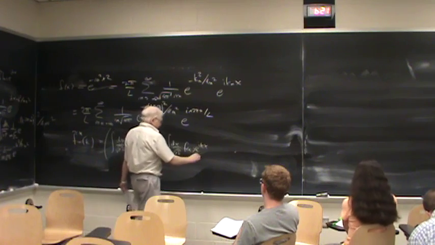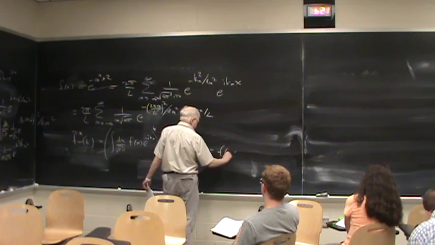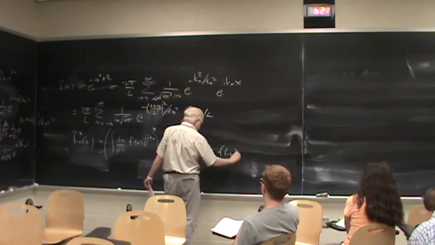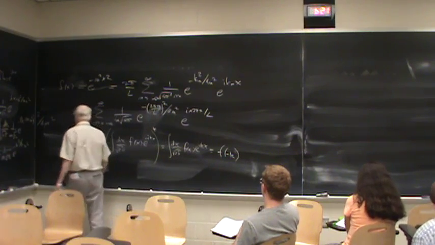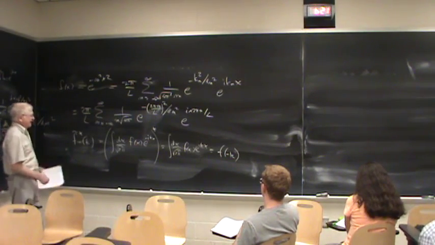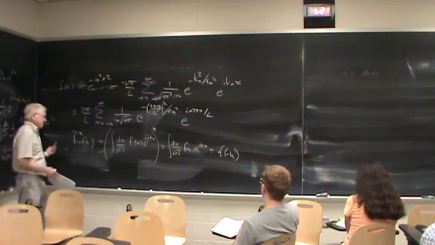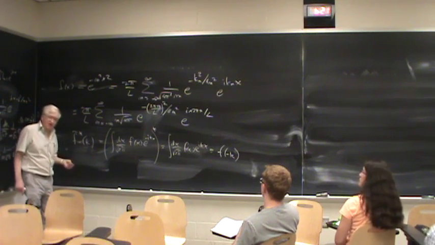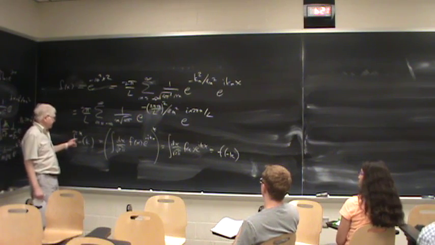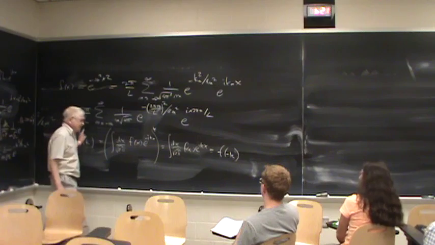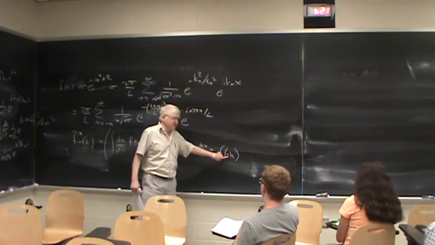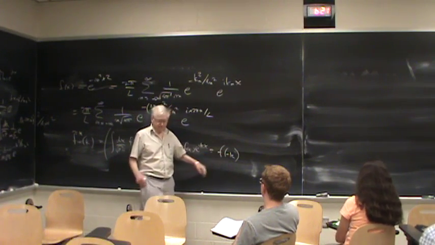But this is just our formula for f of minus k. So what happens is, if the function is real, that doesn't mean that its Fourier transform is real. It's rather that its Fourier transform is such that if you take its complex conjugate, you get the value of the Fourier transform at the negative value of k.